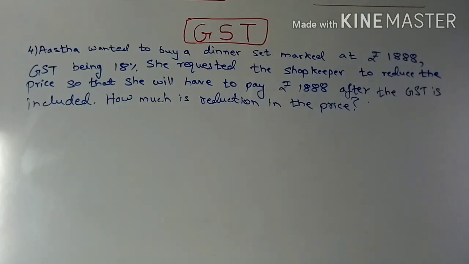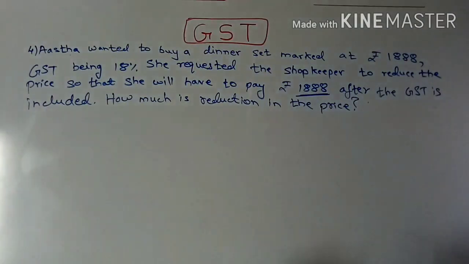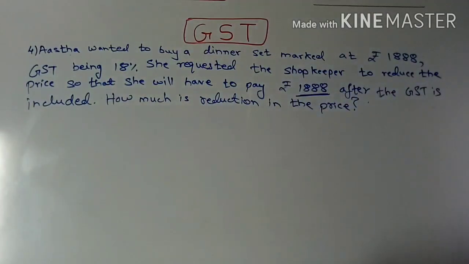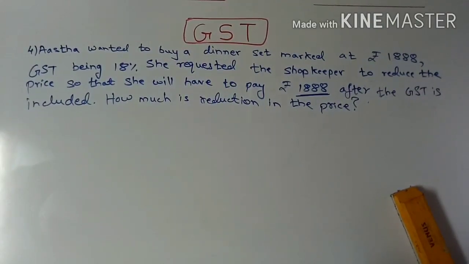So Astha requested the shopkeeper to reduce the price such that after inclusion of 18% GST on that marked price, the total selling price becomes 1888. It's a very familiar situation. You cannot deny that you have not experienced this. So let's begin with the solution of this.